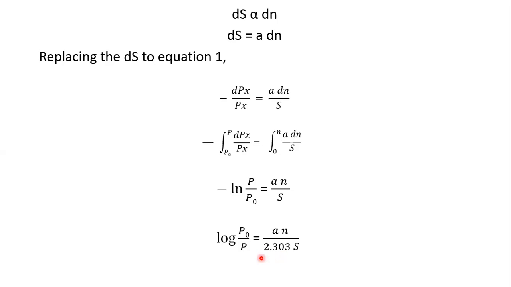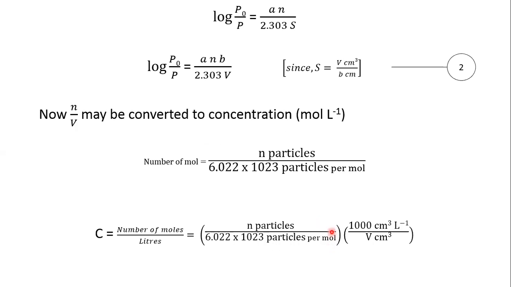Now finally, one more modification is required here, and that is the conversion of S, the surface area, into a volume unit. We can correlate that area is equal to volume upon distance. Volume is in centimeter cube, whereas distance b is in centimeter, so the unit of S becomes centimeter square, that is the area unit.